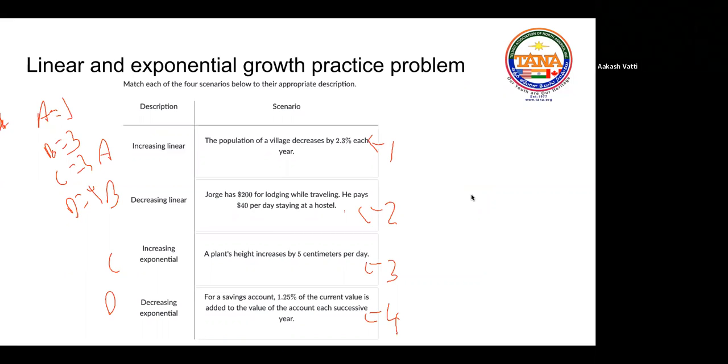All right. So for the people who did answer it in the chat, most of you got it right. Some of you got two of them mixed around.